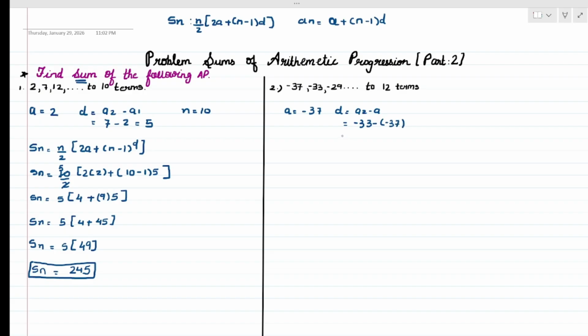Now you need to pay attention here. Minus 33 is there, and minus minus gives me plus. So minus 33 plus 37 gives you 4.